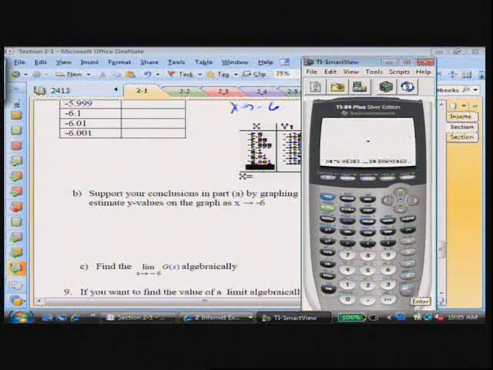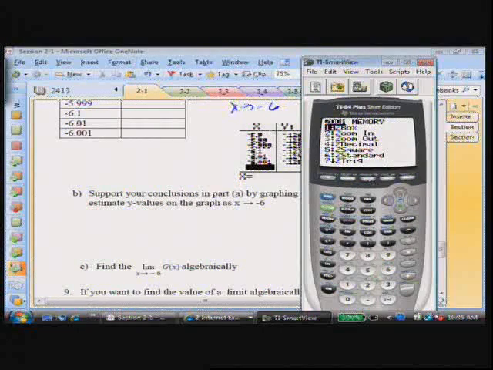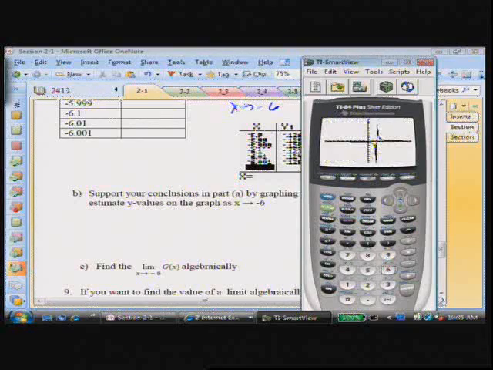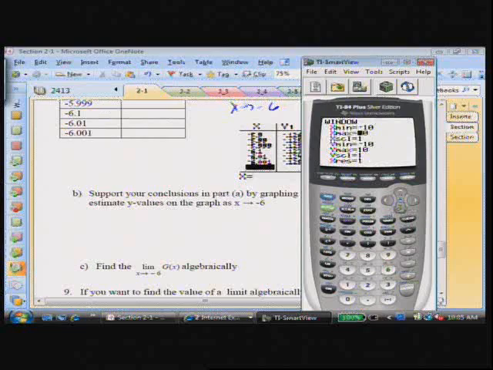Let's see. I don't actually have that much experience doing this. Yeah, I'm not very good. Just kidding. I'm not very good at the zoom box. Let me try. Zoom. I'm just going to do zoom 6. What I would do, since I want to be near -6, is go from -7 to -5.